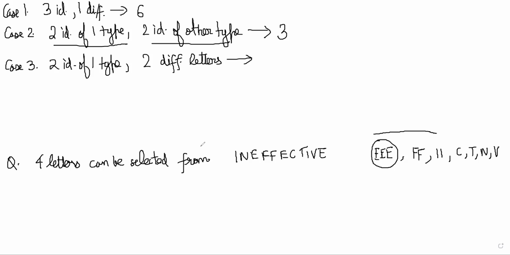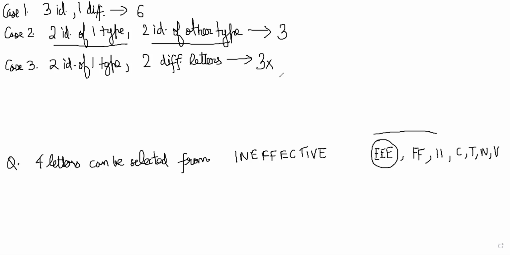And then for the two different letters, if we select two E's, then there will be one E, two F's, two I's remaining.